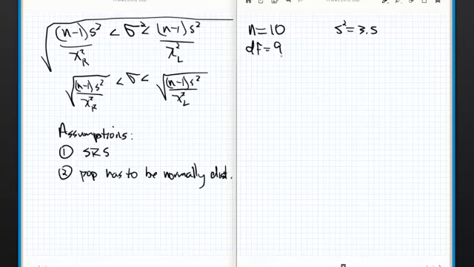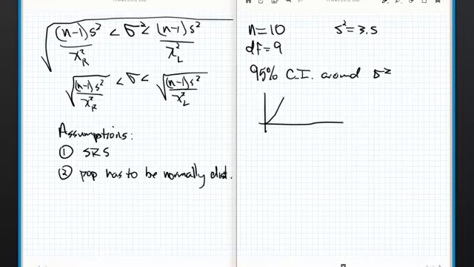I'm going to build a 95% confidence interval around sigma squared. Remember, in case you had to go to the bathroom or whatever, these form a chi-squared curve under some very specific circumstances.